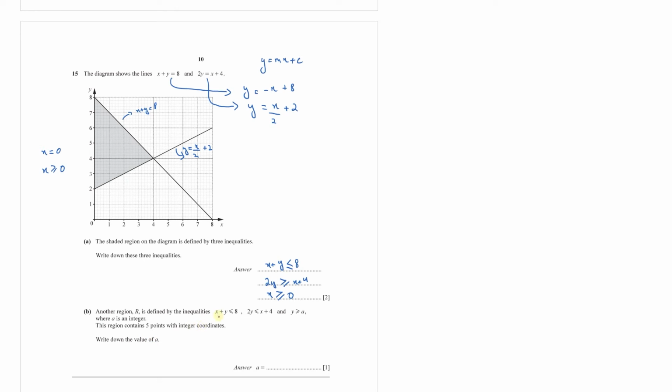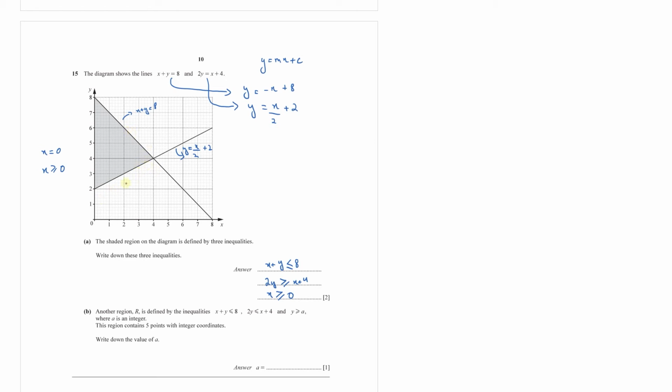So let's see. This region again has 3 boundaries. The first one is x plus y is less than or equal to 8. So this is the line represented by x plus y equals 8. So anything below this here, and then it also states 2y is less than or equal to x plus 4. So below this line as well as below this line.